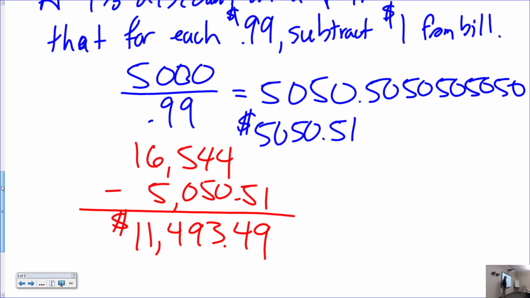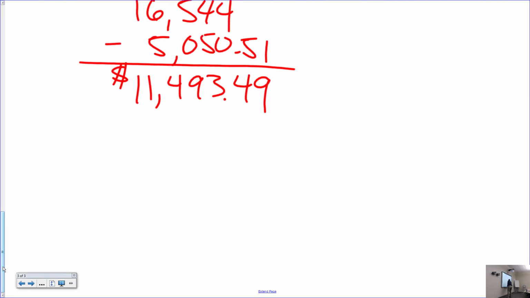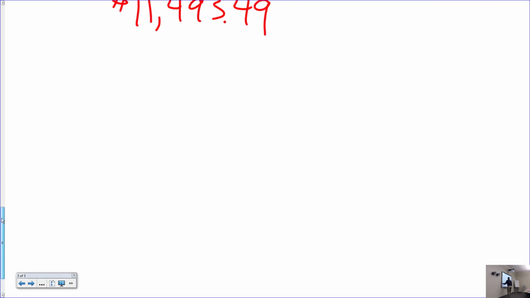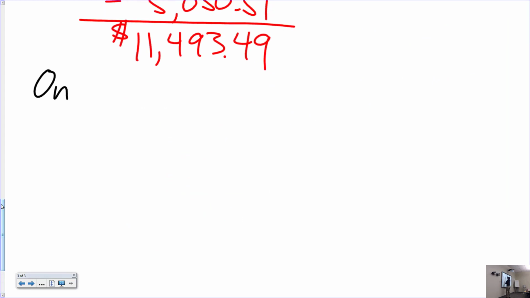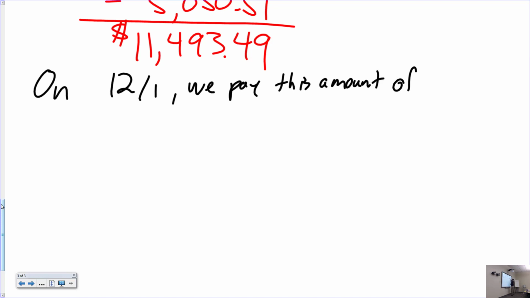Now, let's imagine instead that on 12/1, we pay this amount off in full. How much do we pay? Oh, we just do the straight times 0.99.